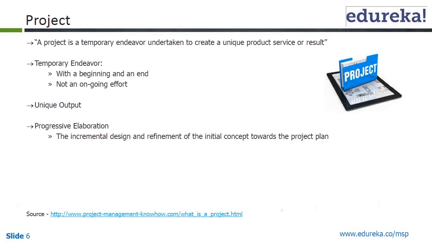Answer is yes, it is unique. Then what is unique in that? Because you have the same material you are going to use, the same kind of engineers are going to work on it, the same kind of workers are going to work on it. It will have the same number of floors. It will have the same design. Then what is unique in it?